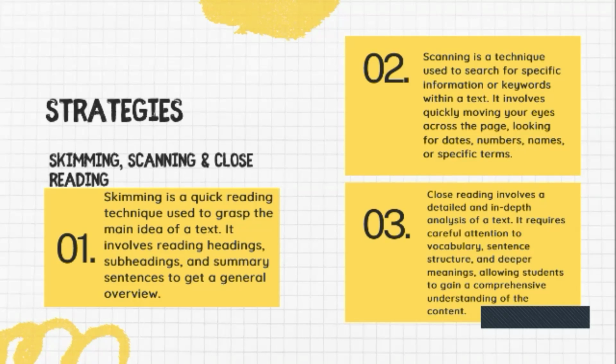And if you have to come up with a synonym, for instance, you have to test the synonym in the same position as that word to be sure that it would effectively answer the question or effectively complete the sentence. Close reading requires careful attention to vocabulary, sentence structure, and deeper meanings. And it allows students to gain a comprehensive understanding of the content.